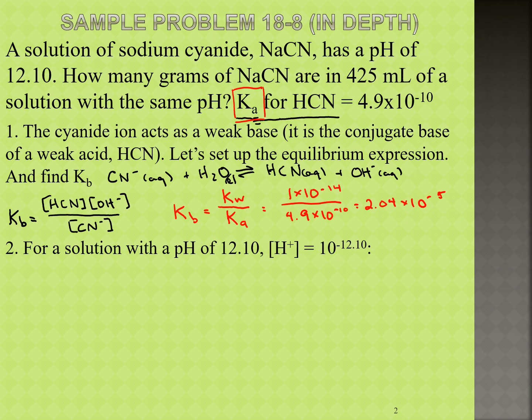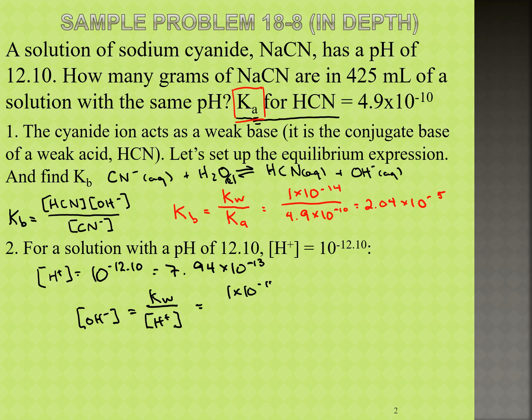My H plus concentration is 10 to the minus 12.10, which happens to be 7.94 times 10 to the minus 13th. And so the OH concentration is Kw over H plus: 1 times 10 to the minus 14th divided by 7.94 times 10 to the minus 13th. So we get 1.3 times 10 to the minus second.